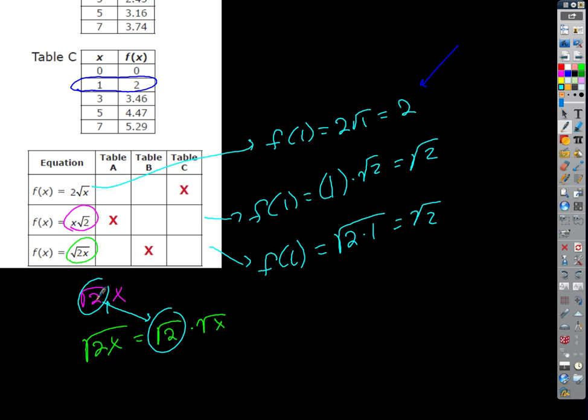You could even sort of cheat on this and say, well, what if we plugged in a really convenient value? Like, what if we plugged in something like 8? If I plugged in 8, I'm going to get the square root of 2 times 8, which is the square root of 16, which is 4, right?